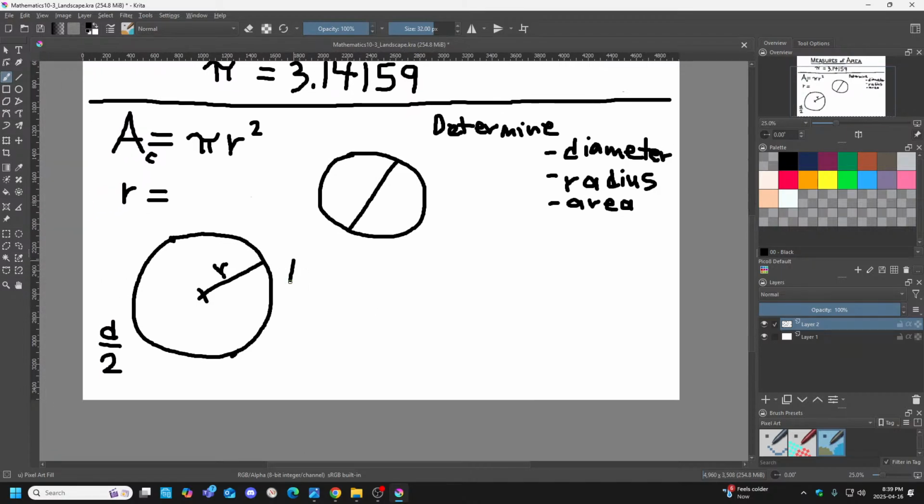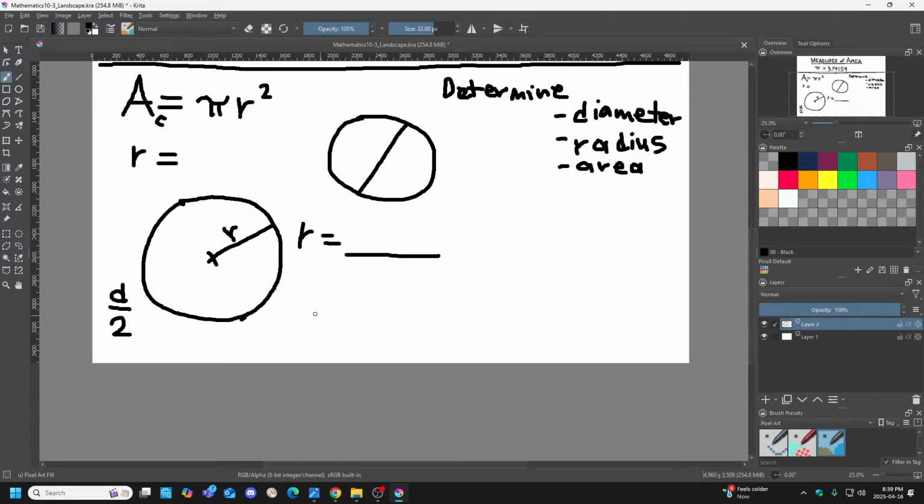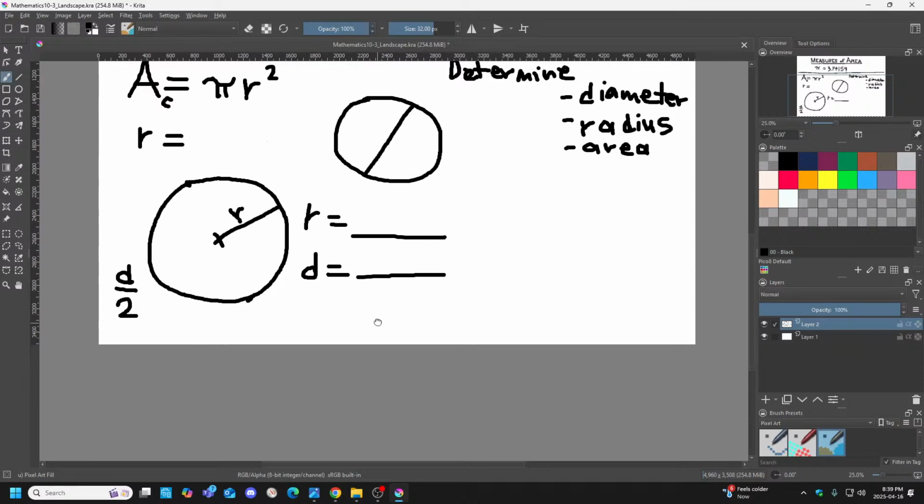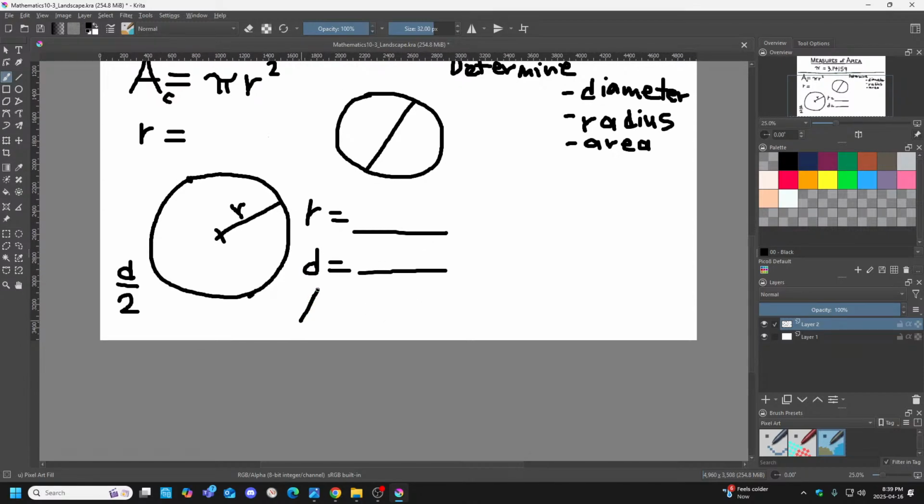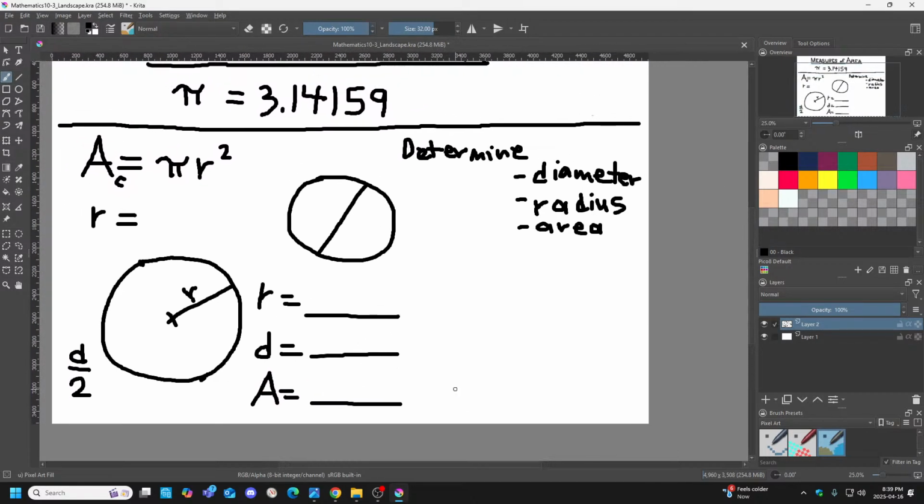They'll just give you one, so let me write "given." It just depends on what they give us. I'm just going to write D for short, and then area. We'll just do maybe one or two to give you an idea.